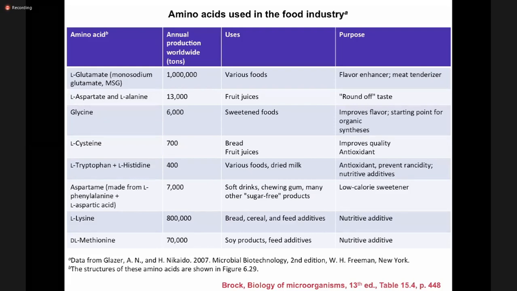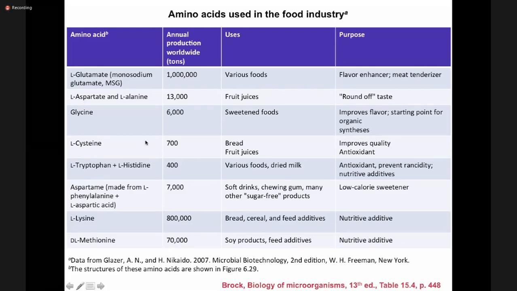So, third example. The first one is lactic acid, the second one is ethanol, and the third one is amino acid. So for example, I think you can see amino acids in the supermarket in your country, but maybe you didn't notice this is amino acid.